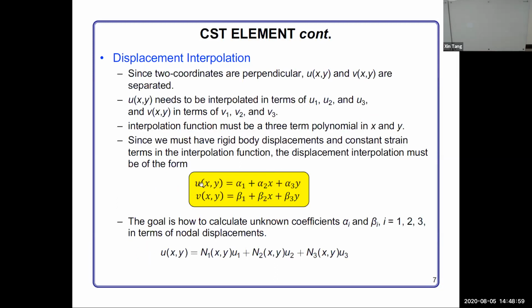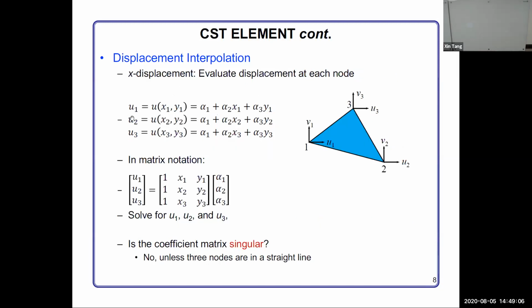You put the node 2 and node 3 information in, you get the second and third equations. So you have 3 equations, and you have 3 unknowns: alpha 1, alpha 2, alpha 3.